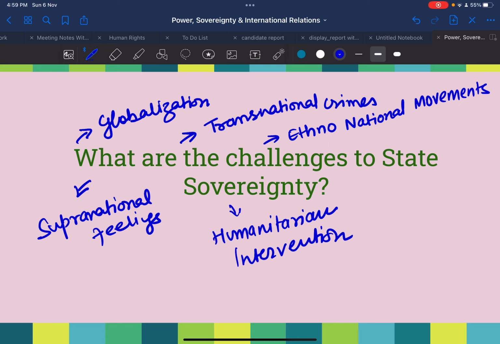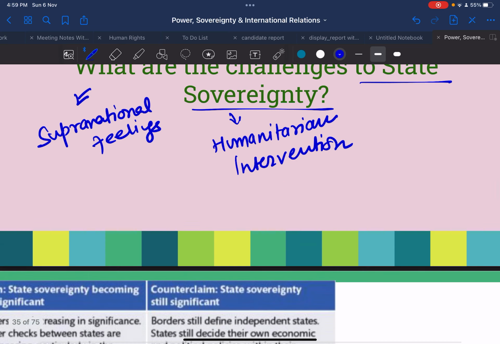So in case a state has so many human rights issues, then state A may intervene in the name of humanitarian intervention, where state A is capable and willing, and state B is incapable and unwilling to protect its own sovereignty. So this is the concept around humanitarian intervention, which can again challenge state sovereignty, right? These are some of the challenges to state sovereignty, but definitely you can come up with more points on what factors are challenging state sovereignty.